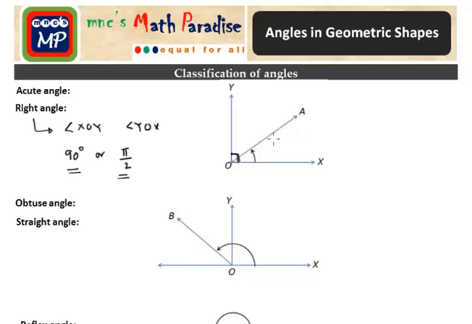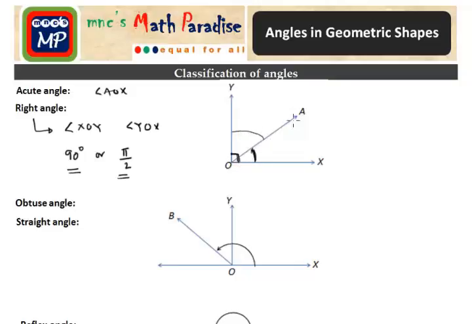Now when two line segments meet in a vertex and form an angle which is smaller than 90 degrees, that is smaller than a right angle, it is an acute angle. For example, here angle AOX between line segments OA and OX is smaller than this 90 degree angle, so this is an acute angle.